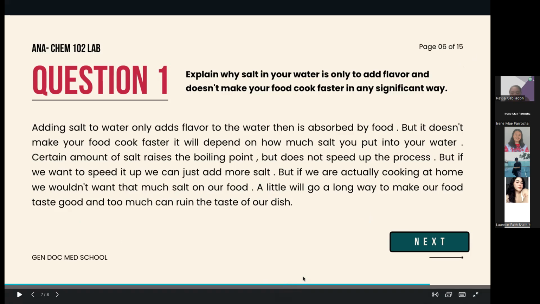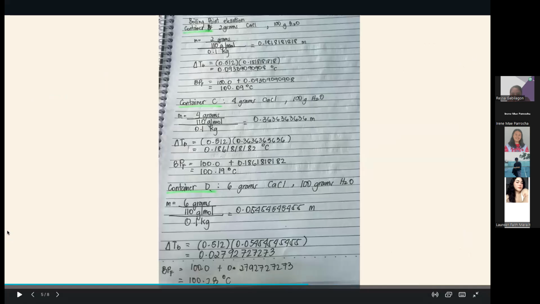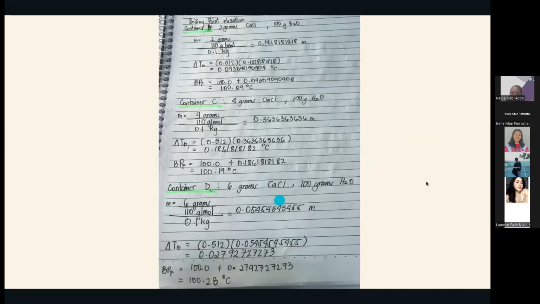How about sa computation? Questions, clarifications about that? Yan, sa report ni IC. Tama yan lahat. 100. Siyempre, water theoretically will boil at 100 degrees Celsius. If you add 2 grams of calcium chloride, that should be 100.09. Hindi naman masyadong malaki talaga yung increase in the boiling point.